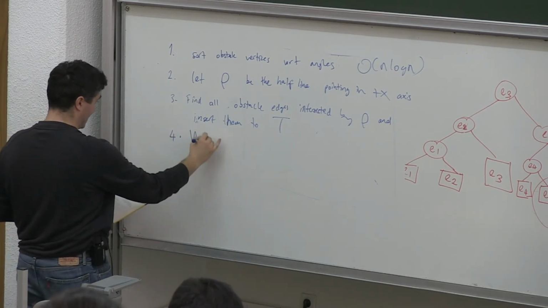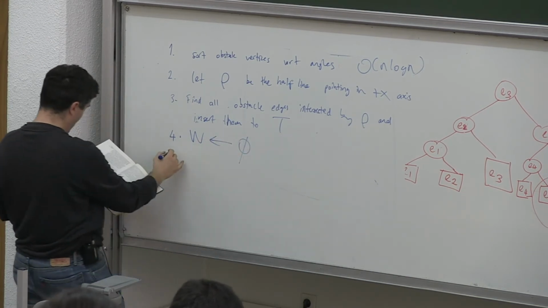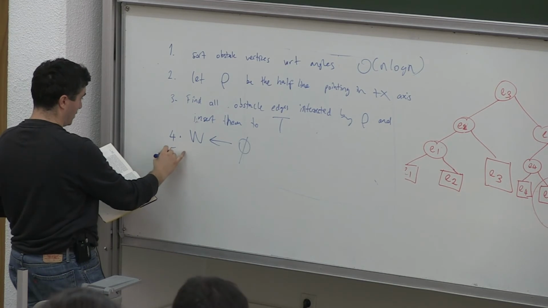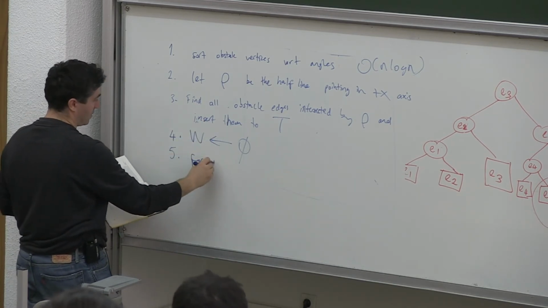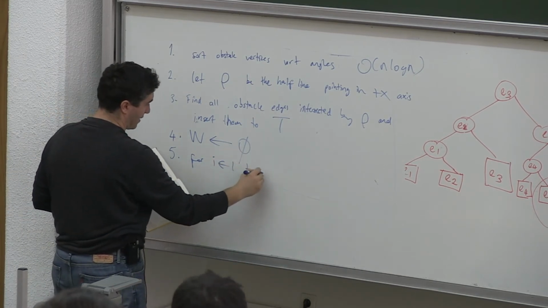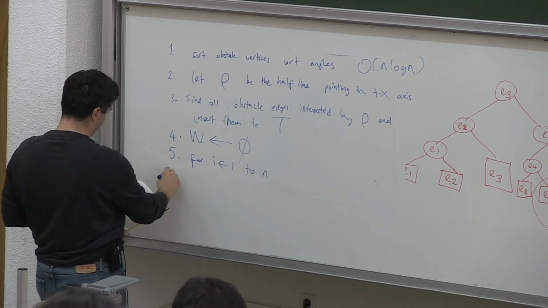We have a set W, which is initialized to the empty set, and then for all the event points, for i equal to 1 to n, here this is what we do.